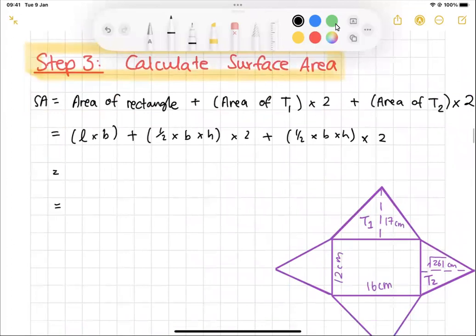Let's do our surface area now. We've got all our information. Again, writing down what our basic shapes are and how many they are, then writing our formula, and now we're subbing it in.